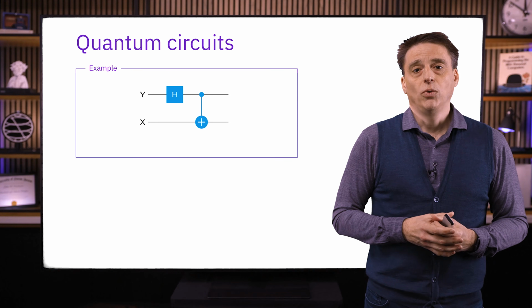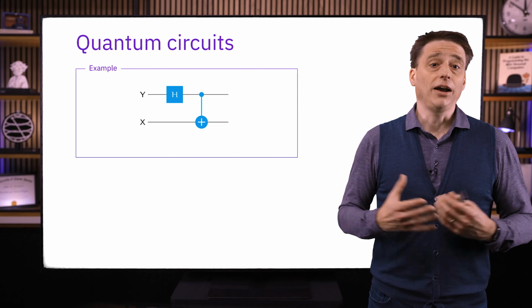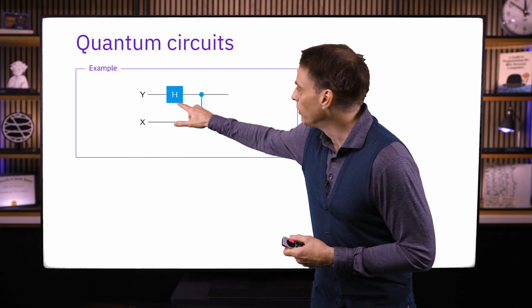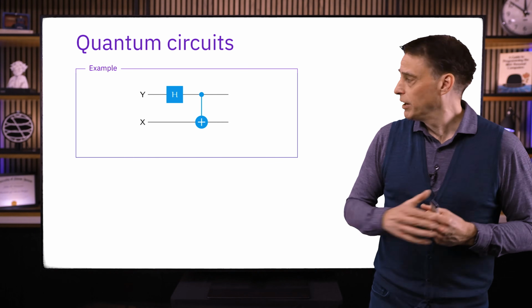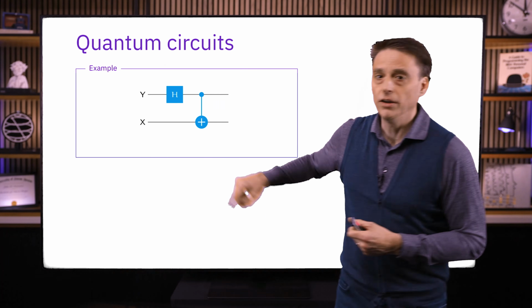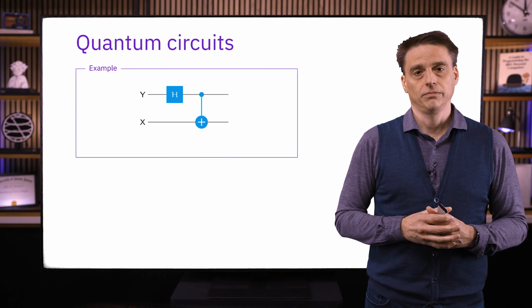Here's another example where this time we have 2 qubits named x and y, as you can see in the diagram. Here we have a Hadamard gate, which is being applied to the qubit y, followed by a gate that's indicated by this symbol right here, which is a controlled NOT gate.